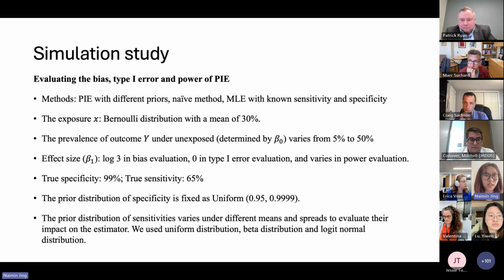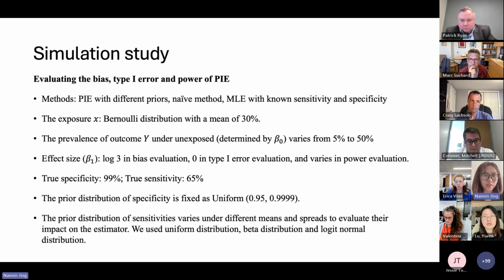In our simulation study, we evaluate the bias, type 1 error, and the power of PIE. We compare PIE with the naive method, where a logistic regression was fit using the outcome from the phenotyping algorithm and exposure X. We also compare it with the maximum likelihood estimator with known sensitivity and specificity.